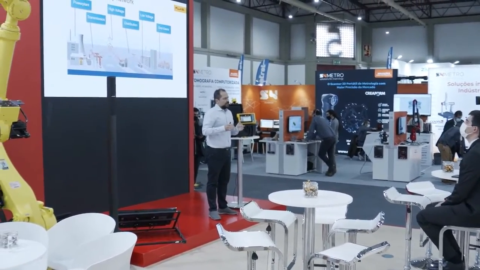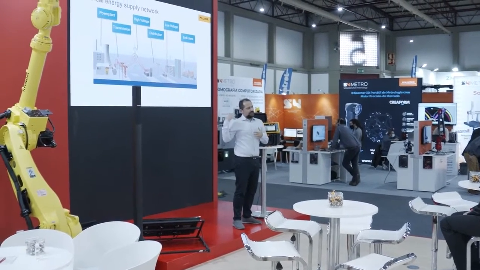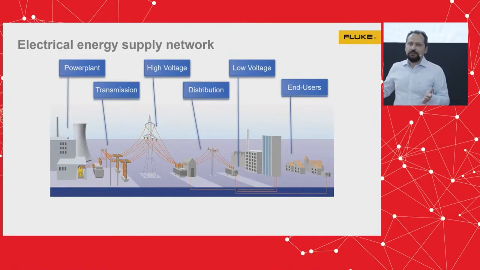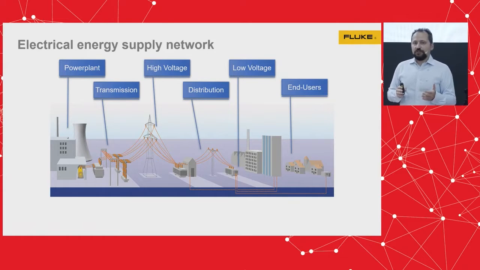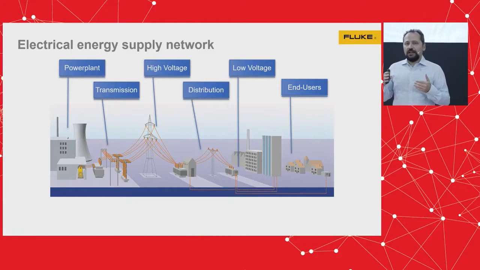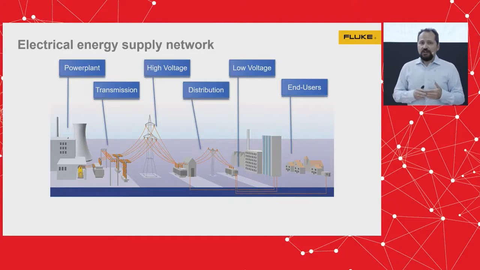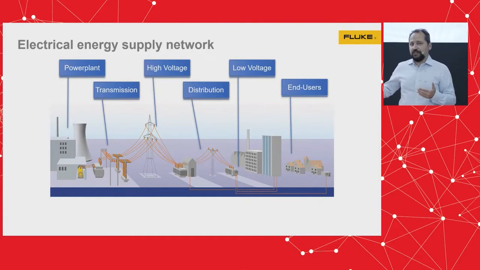Now, if we take a look at how it looks, we can probably immediately have a first idea of the different approaches that we have. In power generation, in transmission, and even in distribution, the main concern for the utilities is to ensure that they deliver the proper voltage signal, a quality voltage signal, to the end user.